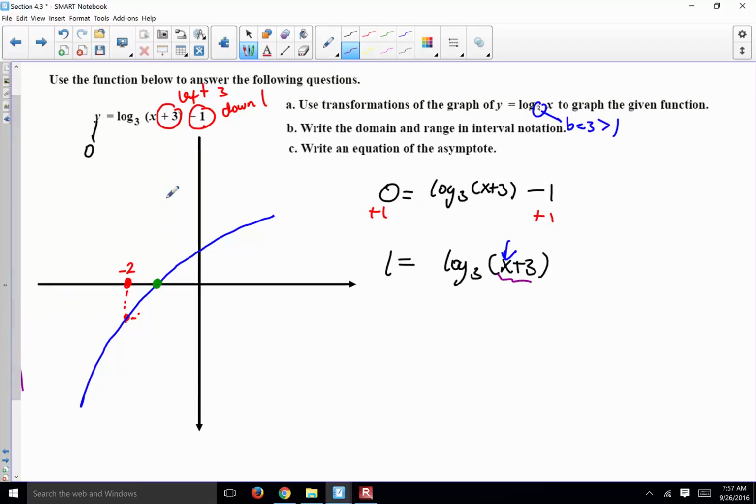Where is our mistake in this graph? Because I see x equals 0 is the one that makes 1.